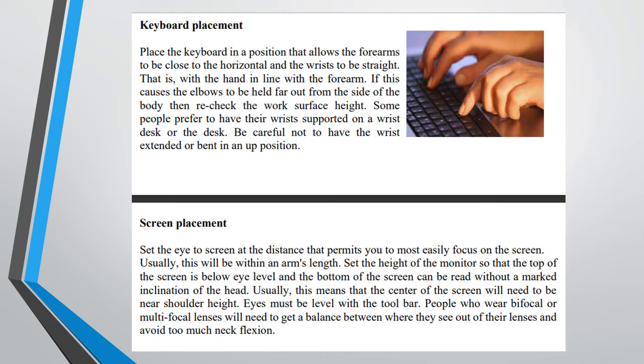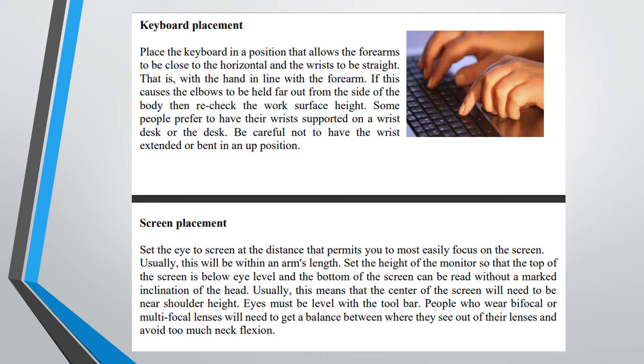Screen placement. Set the eye-to-screen distance at the distance that permits you to most easily focus on the screen. Usually, this will be within an arm's length. Set the height of the monitor so that the top of the screen is below eye level, and the bottom of the screen can be read without a marked inclination of the head.